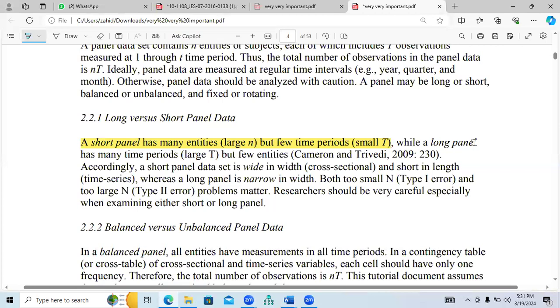Then there is a long panel. It is the reverse of the previous one. You have many time periods, large T, but you have few entities.